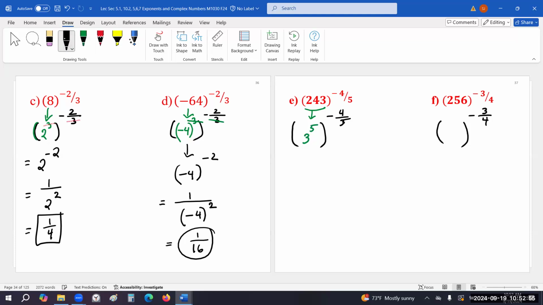Thank you. 5 cancel out. 3 to the power negative 4. 1/3 to the positive 4. 1/81. Great.